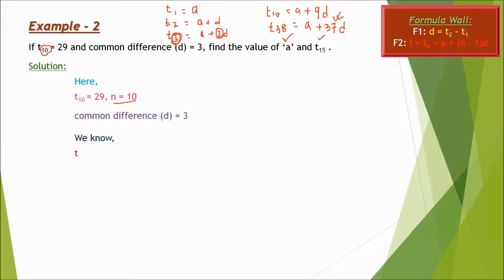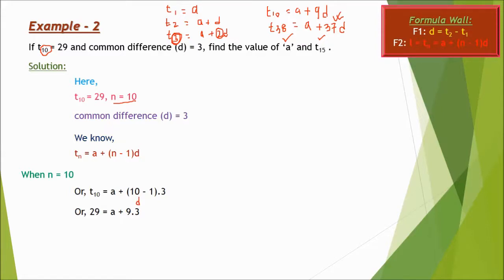We know the formula tn is equal to a plus n minus 1 d. When n is equal to 10, t10 is equal to a plus 10 minus 1 times d, and we have d equal to 3. We also have the value of t10, that is 29. So 29 equals a plus 9d, and d is 3.